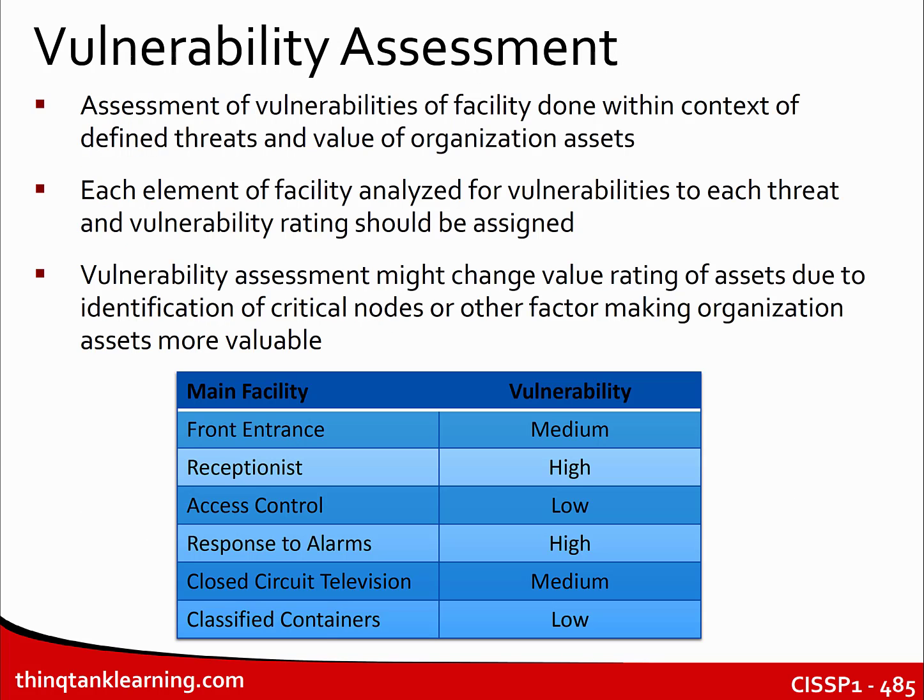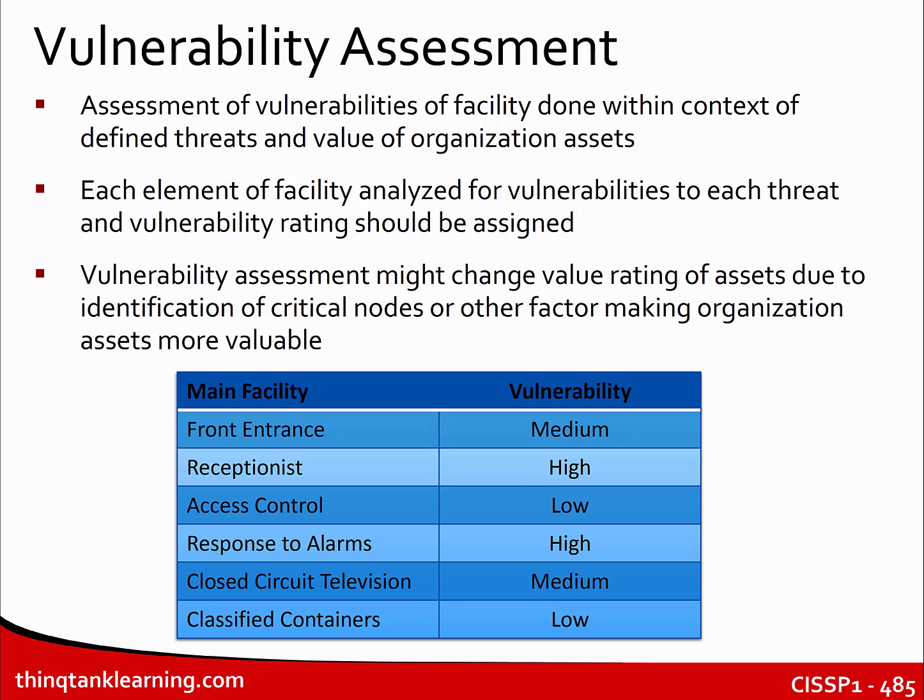All right. So we do our vulnerability assessment. We assess the vulnerabilities within the context of the threats that we've identified and the value of the assets. Each element of the facility gets analyzed for those vulnerabilities, and then each threat and vulnerability pairing gets rated so that we can prioritize our resources to mitigating those risks.